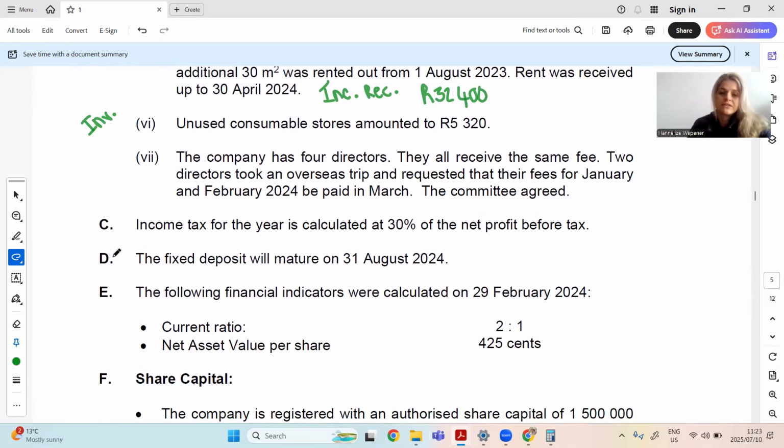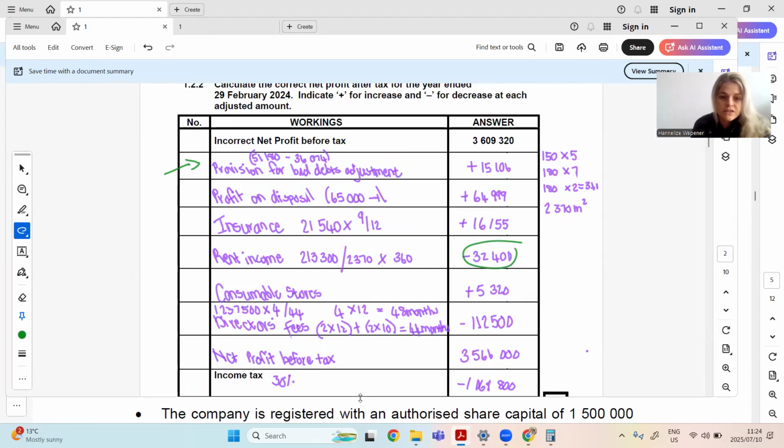Then we also have 2 directors who haven't yet been paid for 2 months each. And we calculated those fees. There we go, using the total number of months that we actually made payment to them. So to all of the directors, took the months and we said, okay, according to the trial balance, this is what I paid for the full 44 months, we said divided by 44 to get the monthly directors' fees, and then times by 4, because 2 directors haven't received their fees for 2 months.